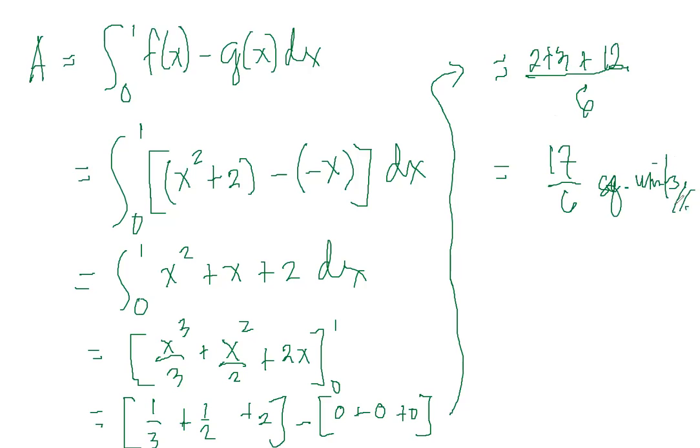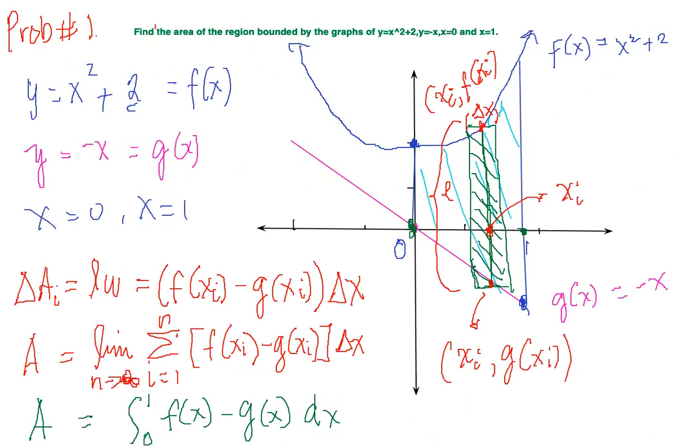So this is the area of the shaded region, or of the region bounded by the curves or the graphs. All right. So it means that this area here is equal to 27 over 6. Okay.